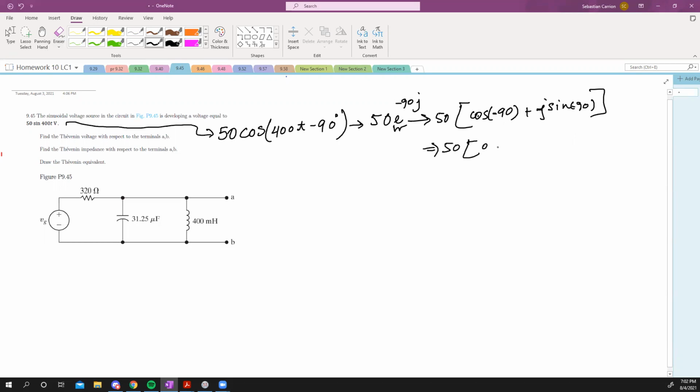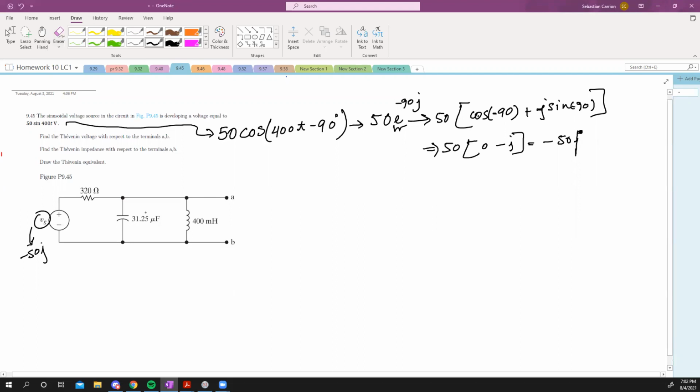Cosine of negative 90 is 0, and the sine of negative 90 is minus 1. So minus 1 times j is negative j, so we result with negative 50j. So our source here can be represented by negative 50j.